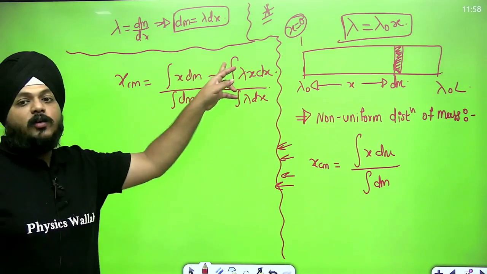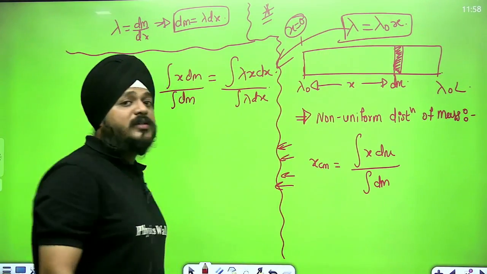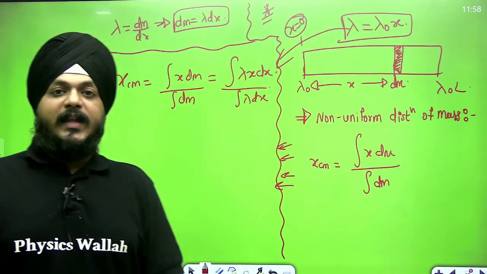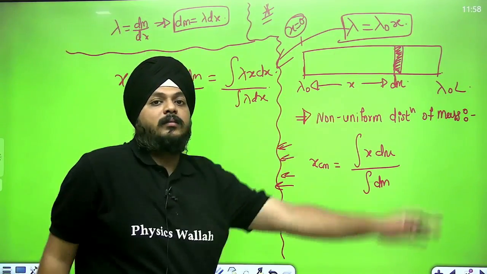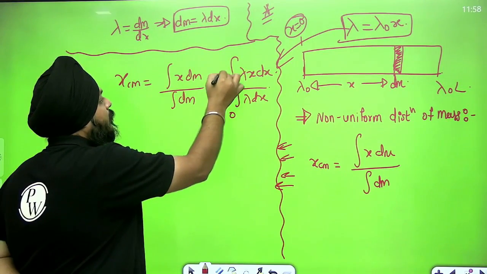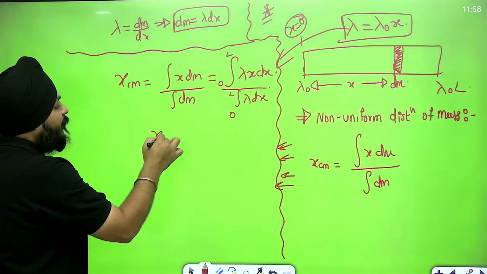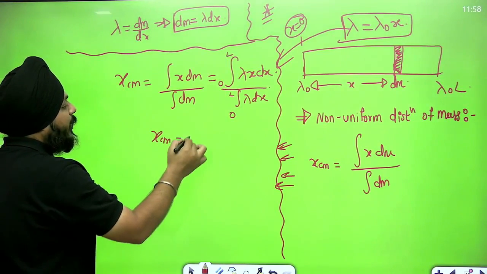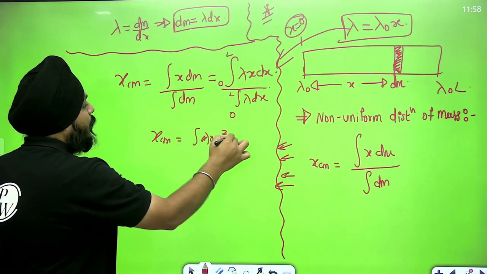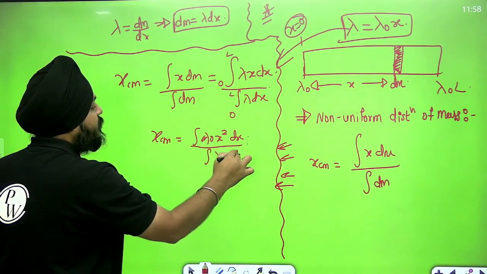Now here lambda is not constant, so lambda depends on x, and we need to replace it with the specific equation to reach the result. What will be the limits? From 0 to L. So this center of mass is integration of lambda 0 x square dx whole divided by integration of lambda 0 x dx.